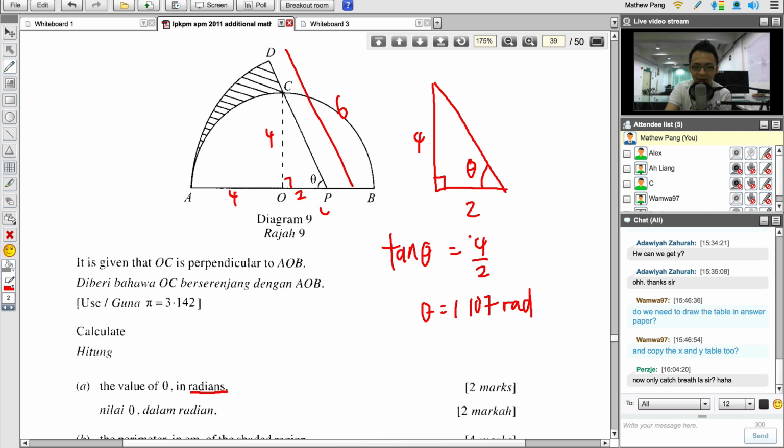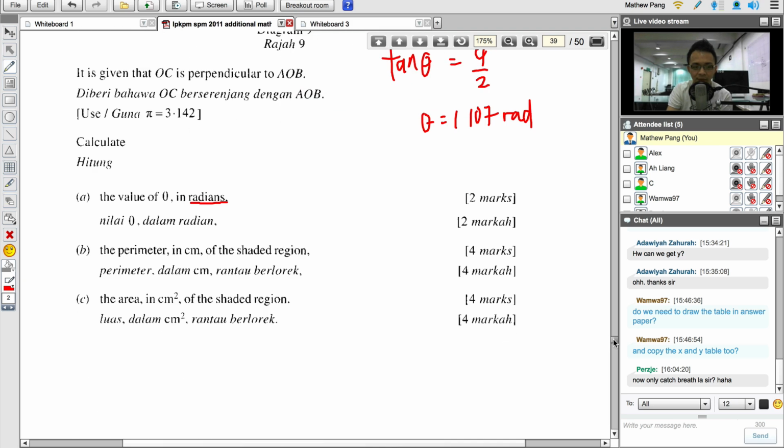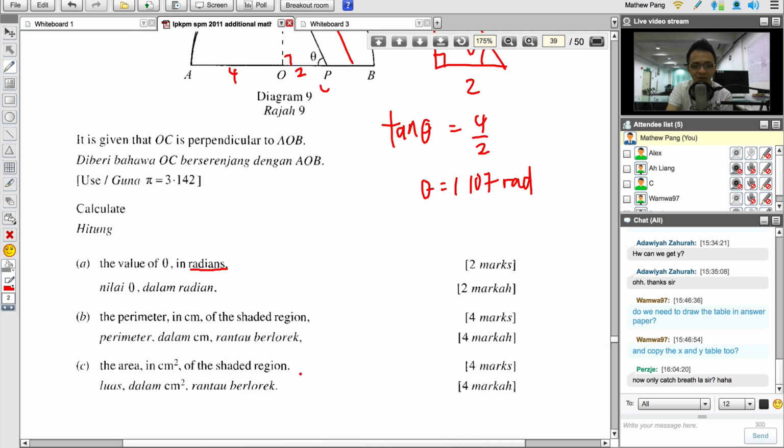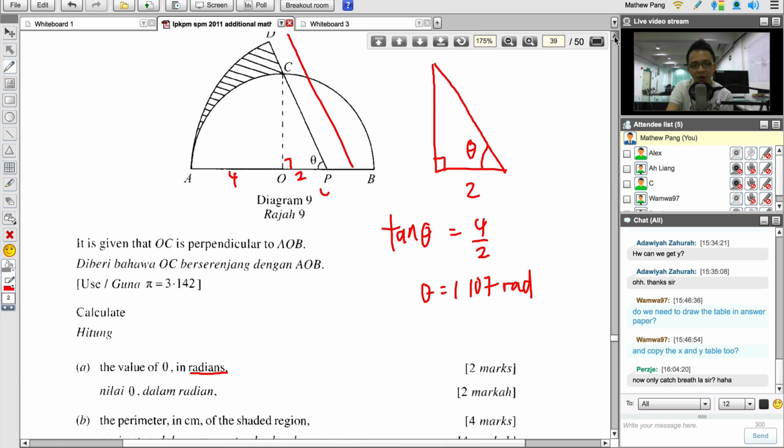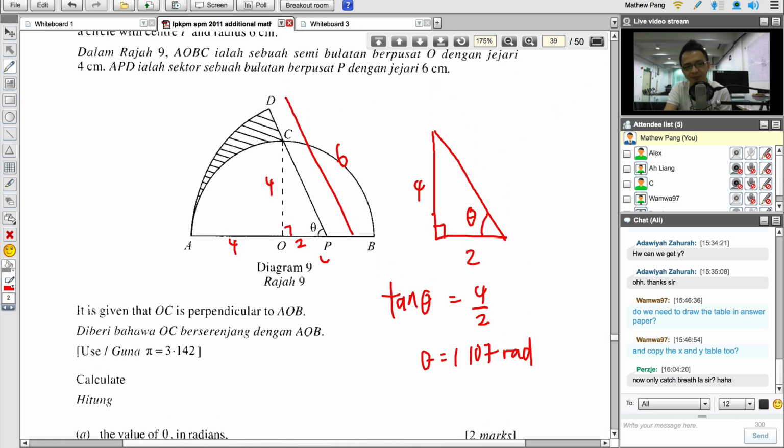Next part: the perimeter of the shaded region and the area of the shaded region. I will find the perimeter of the shaded region first. That means I want to find this line and this line. You can easily get this one using Pythagoras: 4 squared plus 2 squared, and then square root the whole thing. So this is just square root 20.